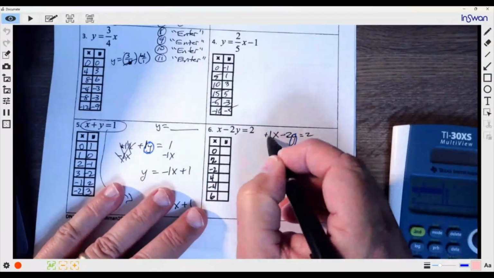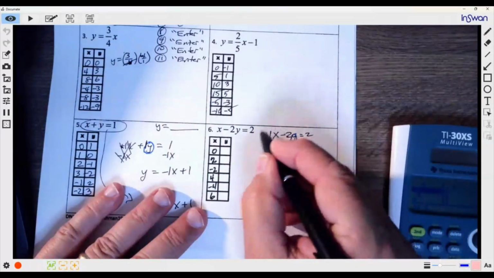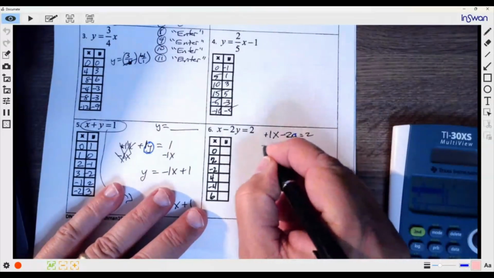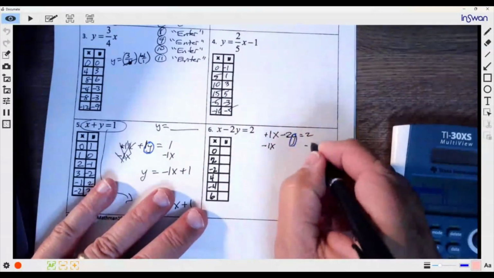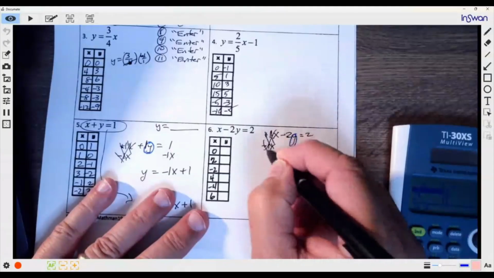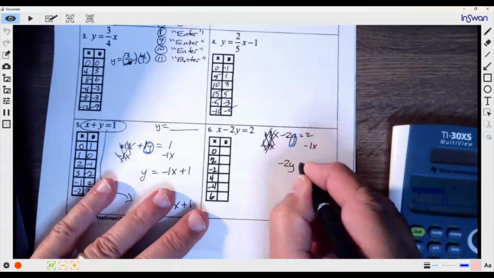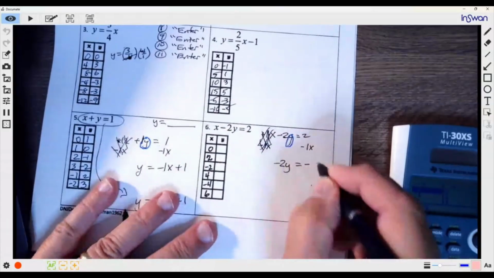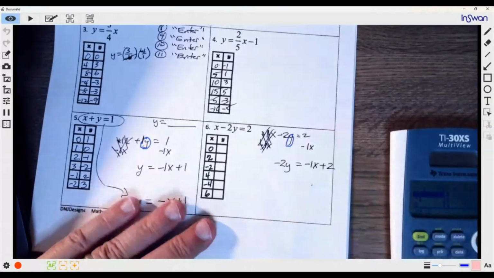The 1x is being added to the negative 2y. I undo this by doing the opposite and subtracting 1x. If I do that on the left, I have to do that on the right. These add out to 0. I'm left with negative 2y equals negative 1x plus 2.